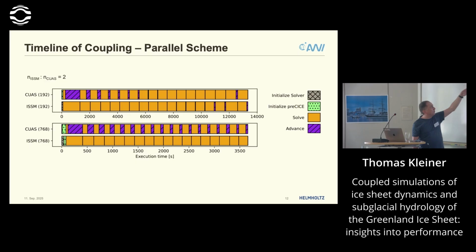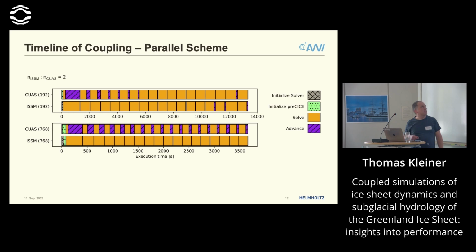You can see, first of all, that ISSM has a very hard time converging in the first coupling window. That's because the initial conditions of both models do not match very well. You can also see that CUAS finished much faster. For all the analysis we do, we only consider the last 12 coupling windows.